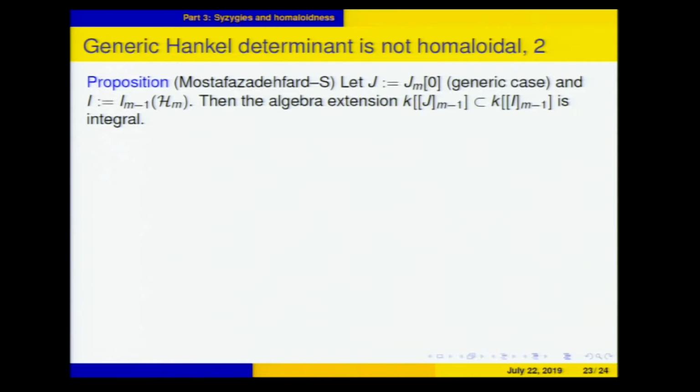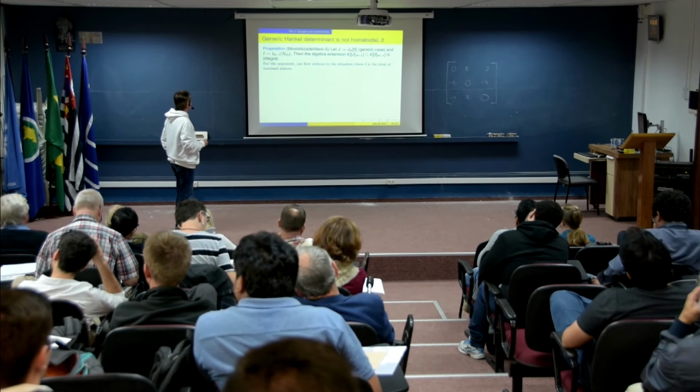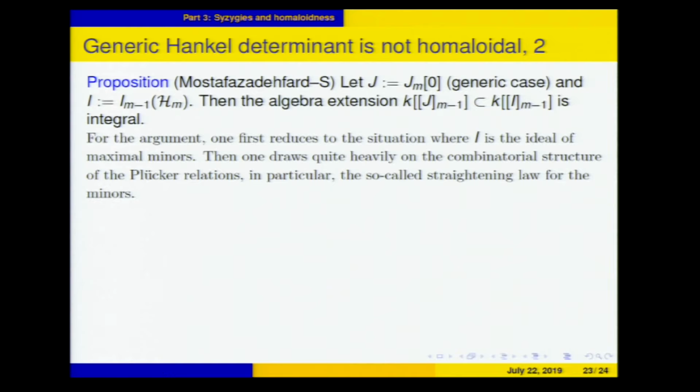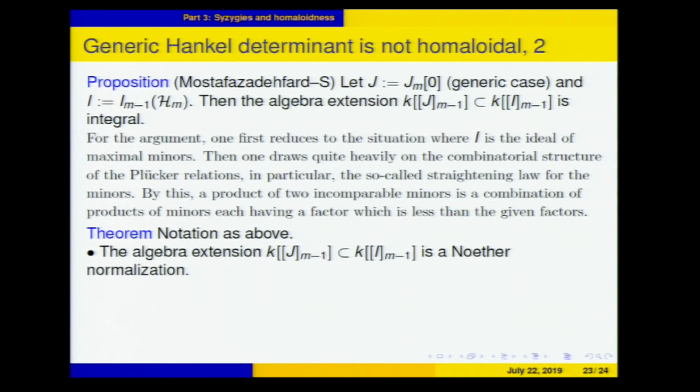So not just algebraic, integral. This is very strong. So the proof is to reduce to maximal minors, use Plucker relations, and then some more technicalities. So here's what we get at the end, that the algebra extension is in fact a Noether normalization.